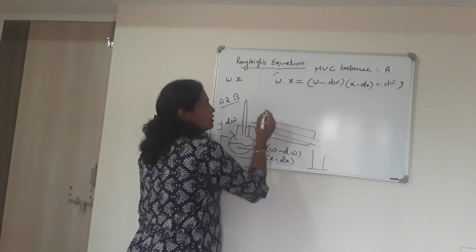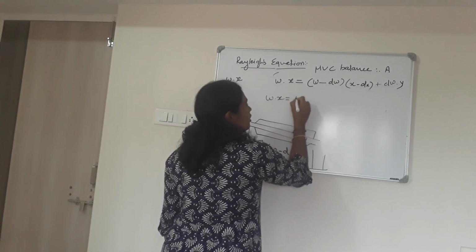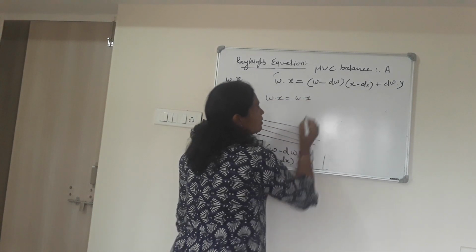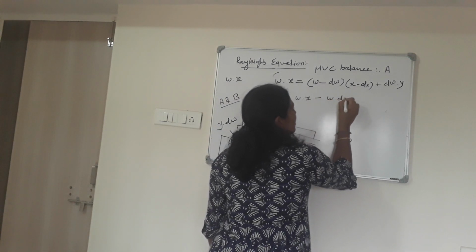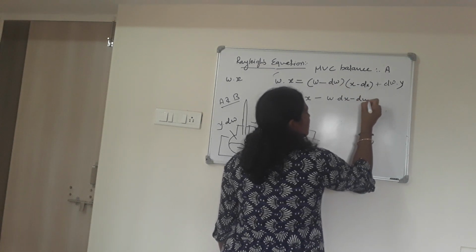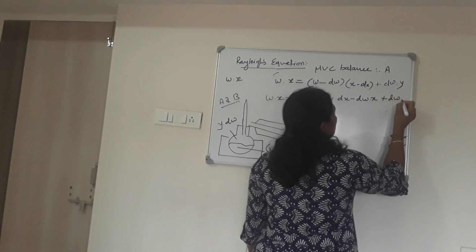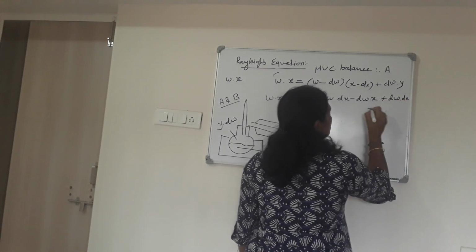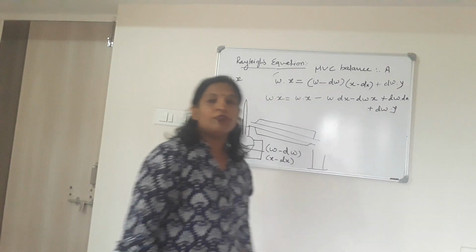Now when we expand this equation, what does it become? W into x is equal to W into x minus W into dx minus dW into x plus dW into dx plus dW into y.